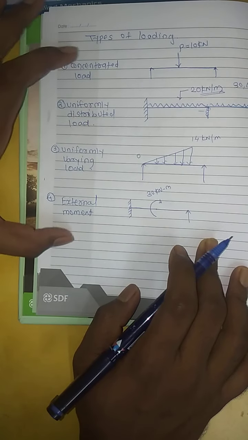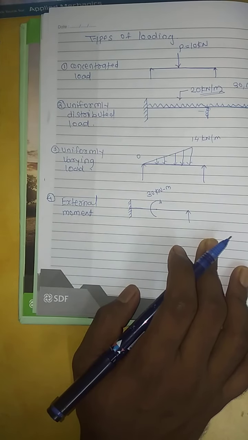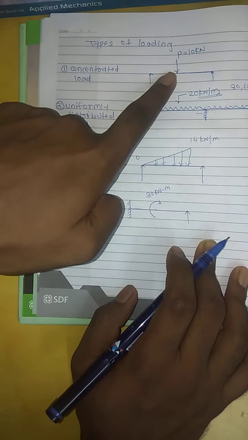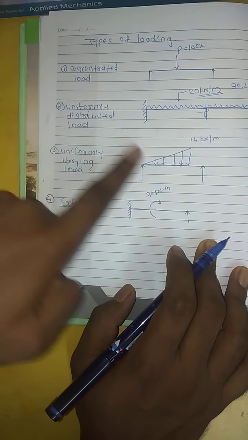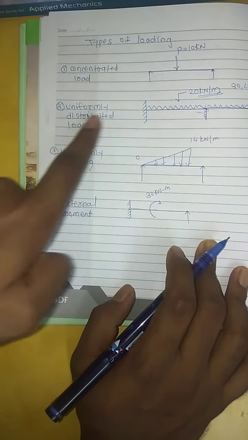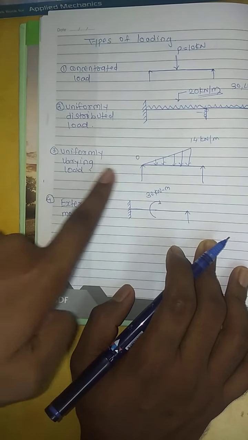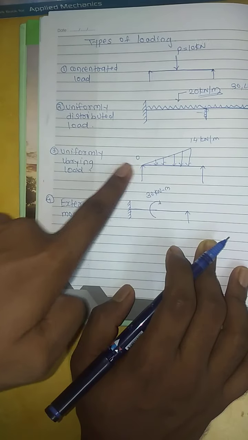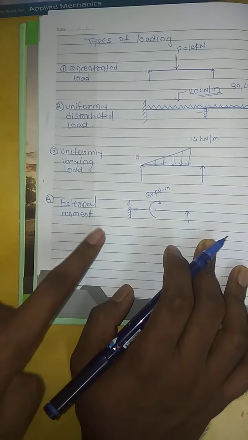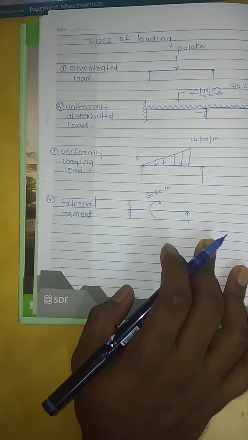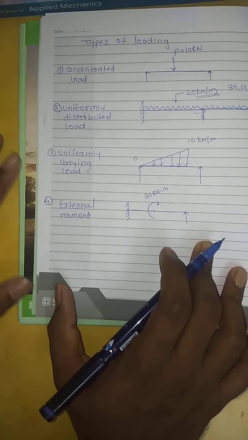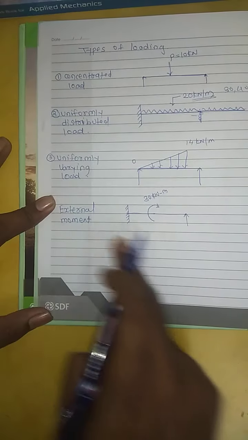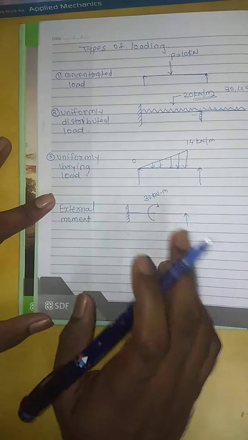Okay, so in this lecture, just understand, if this type of load is there, call it a concentrated load. If this type of sign is there, call it a uniformly distributed load. If this type of load is shown here, uniformly varying load, and external moment is shown like this. Okay, just remember these things. And comment about which type of beam I have shown here.